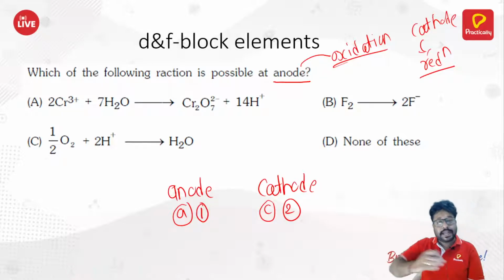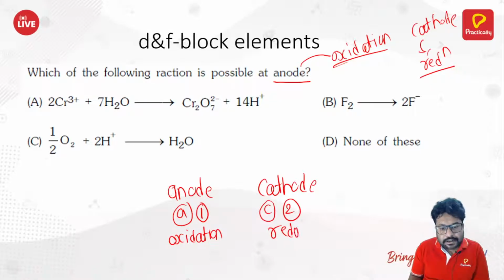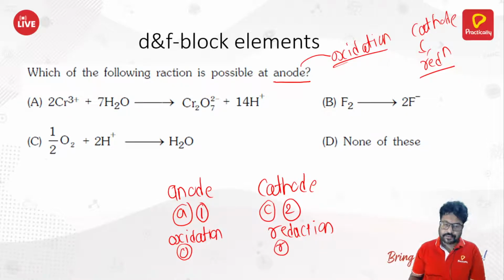Now between oxidation and reduction, take the very first letter in both the cases. For oxidation, the very first letter is O. For reduction, the very first letter is R. Now alphabetically between O and R, which comes first?